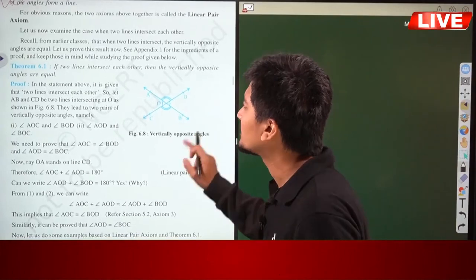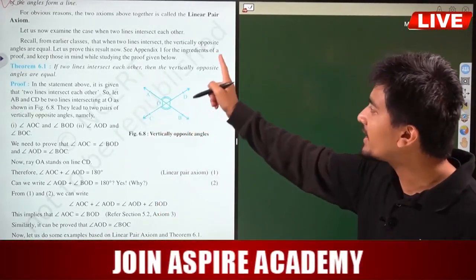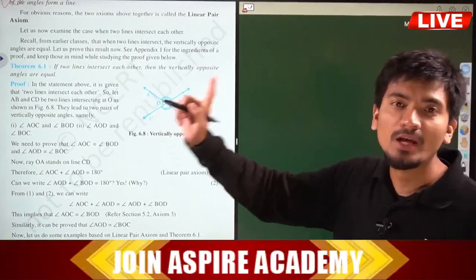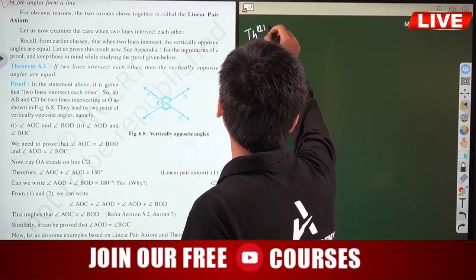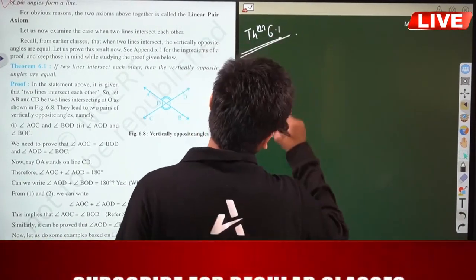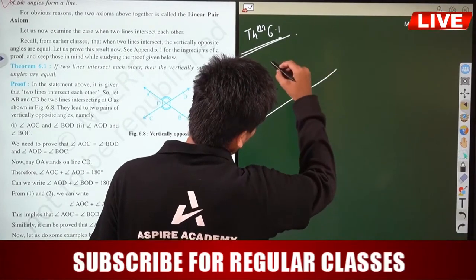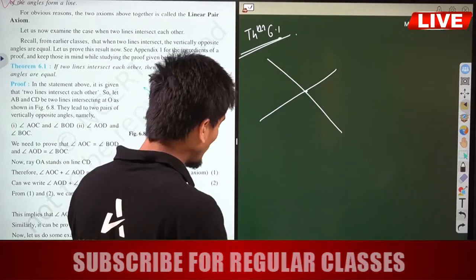Now, Theorem 6.1. Here it is given that if two lines intersect each other, then the vertically opposite angles are equal. We need to prove this. What is given? There are two lines intersecting each other at a point.